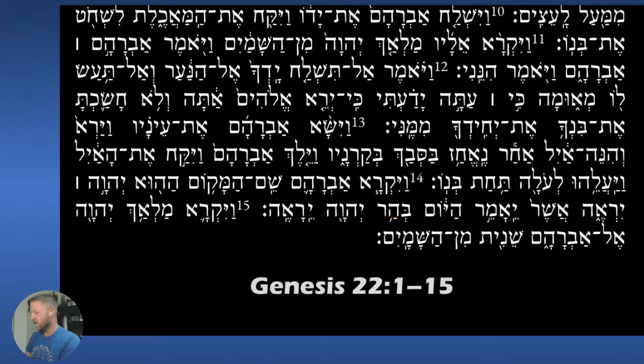Okay, now this is an interesting etymological comparison. It says Adonai Yireh, which literally means the Lord will see. And it says, and it is said today, on the mount of the Lord, he will be seen, he will appear. So this is apparently an expression from the time. Behar Adonai Yireh. God will appear on the mountain, probably because people would worship God and other deities in high places.